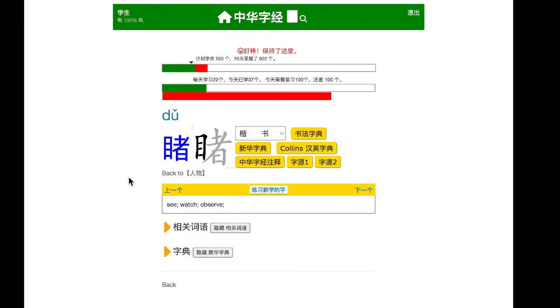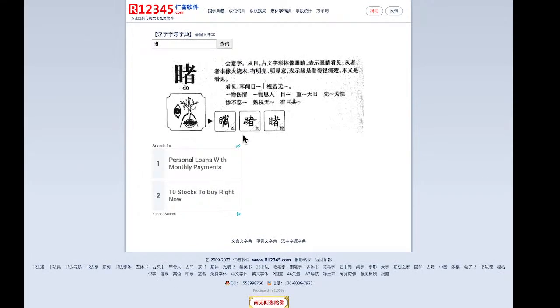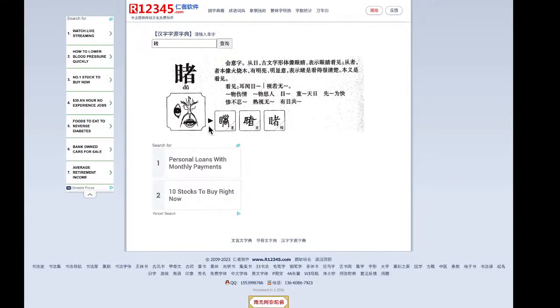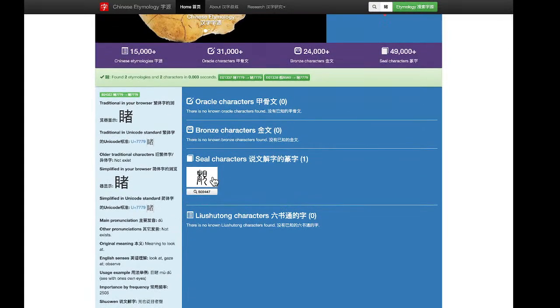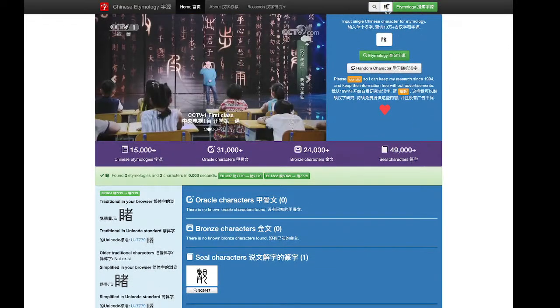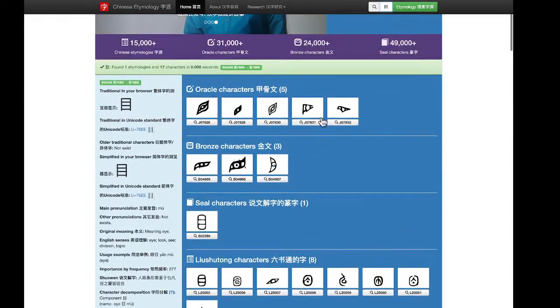观 means to see, watch, or observe. You can see on this side, this one is an eye. Over time, it's gotten abstracted into a rectangle, but originally it was more shaped like an eye. Kind of more round. If you look at it, there you go.